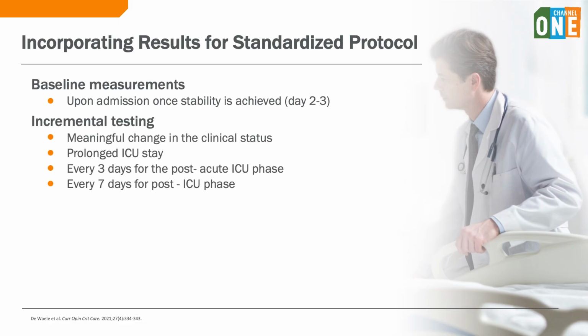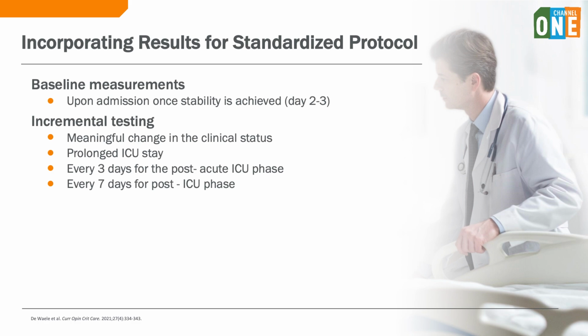Sequential testing is recommended when the patient experiences clinical changes. For instance, this may include an infection, a patient being extubated, initiation of CRRT, or changes in sedation, because all of these factors will affect their metabolic rate.